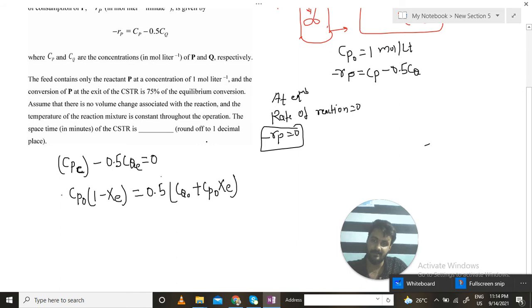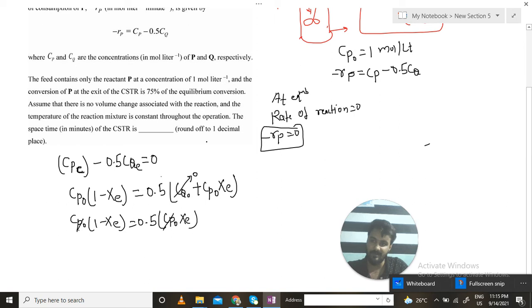I am assuming here that you can generalize these things, but if you don't want to generalize, I am writing it here. In the question, they have given the initial concentration of Cq as 0, meaning only reactant is entering the reactor. So Cq naught will be equal to 0. So Cp naught into 1 minus Xe equals 0.5 Cp naught Xe.